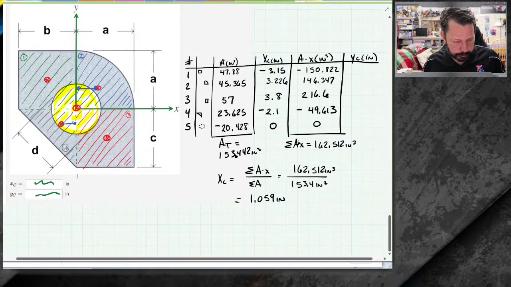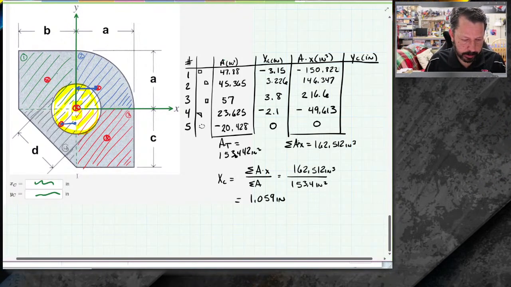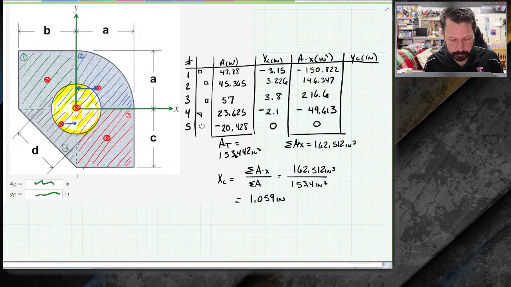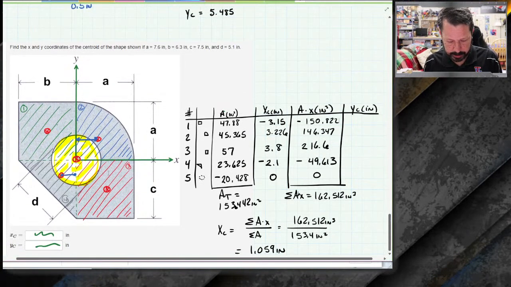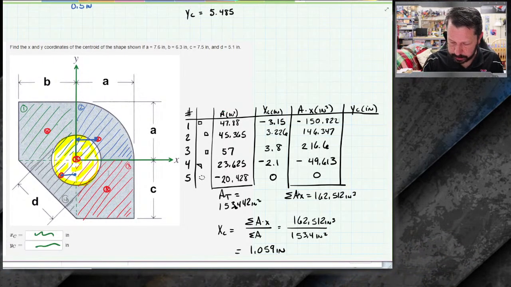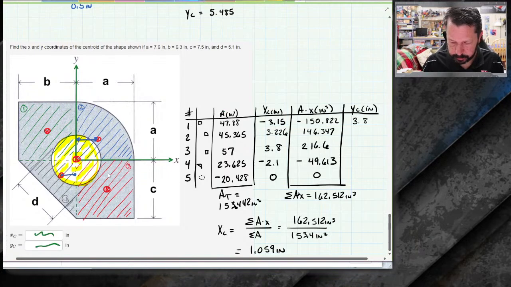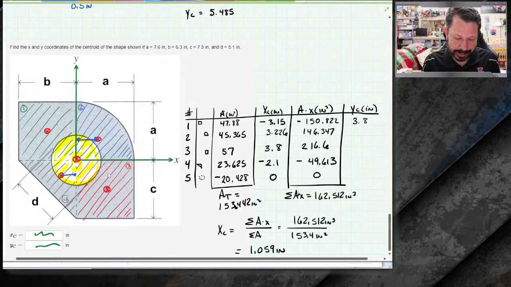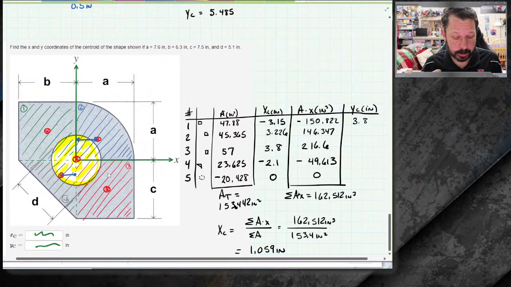So part 1 would be half of A, which is scrolled off. There we go. A is 7.6, so 3.8. Part 2 is that same deal. It's actually the same exact number.